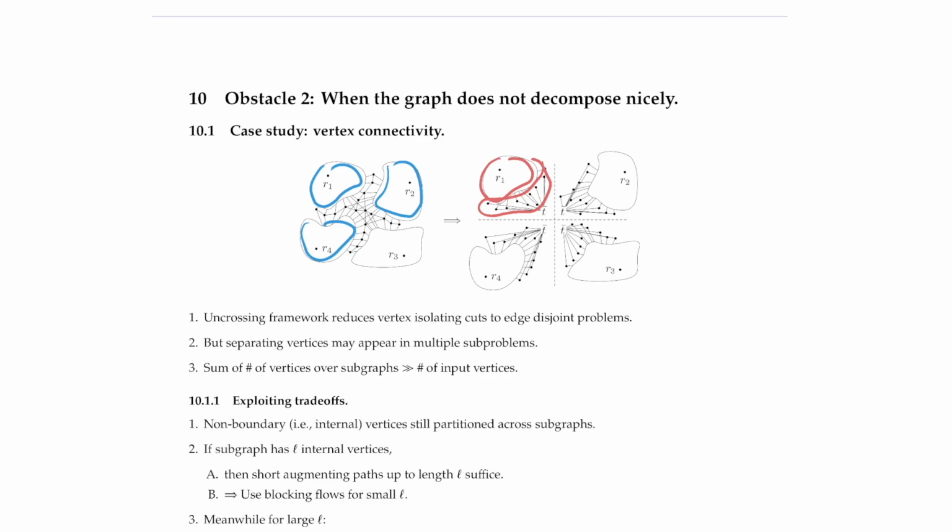And so as a result, the separating vertices start appearing in multiple subproblems. Even though the edges are essentially disjoint across subproblems, the vertices can repeat, in particular the separating vertices. And so the sum of vertices over these subproblems can greatly exceed the number of input vertices, which blows the whole exercise of trying to do things fast.